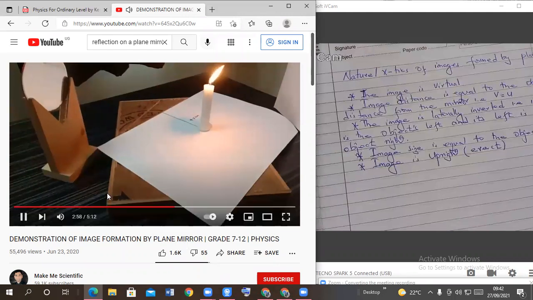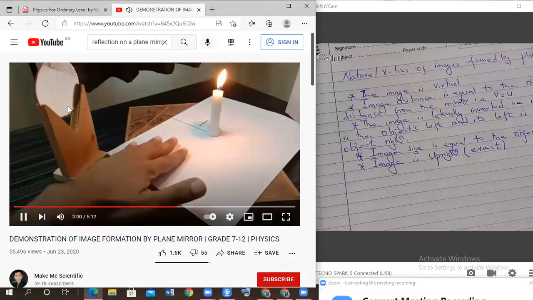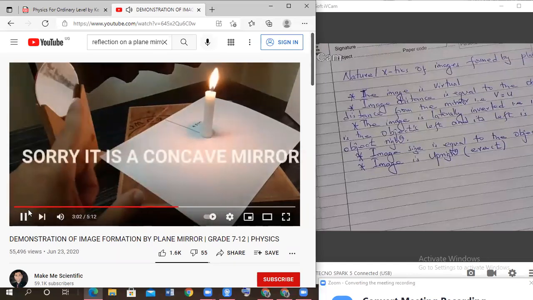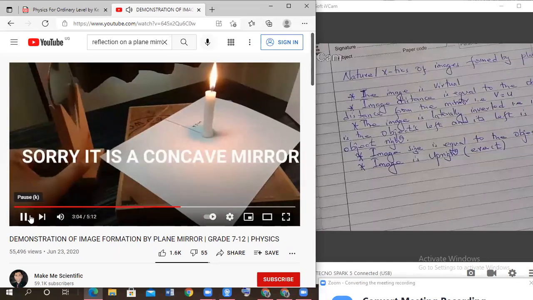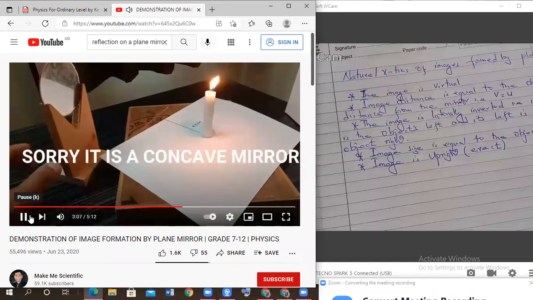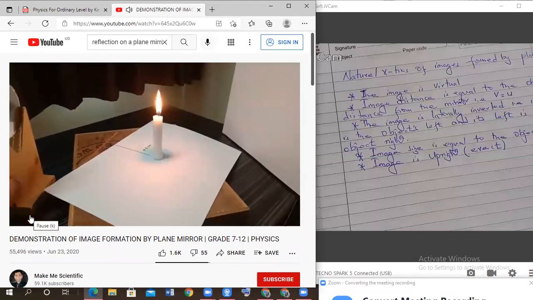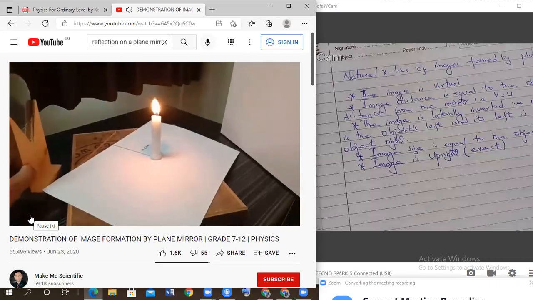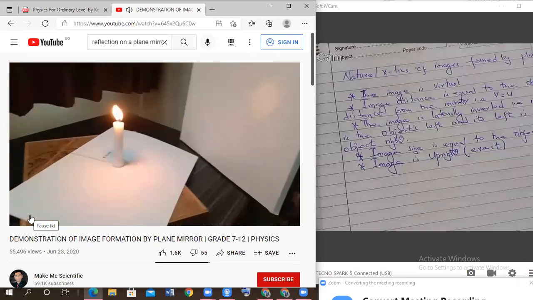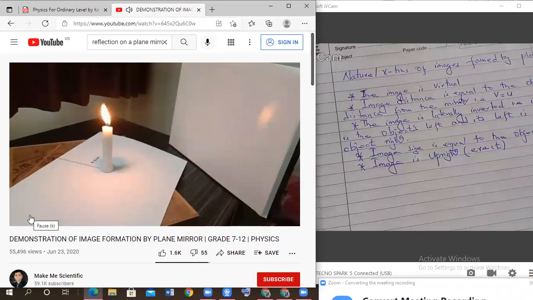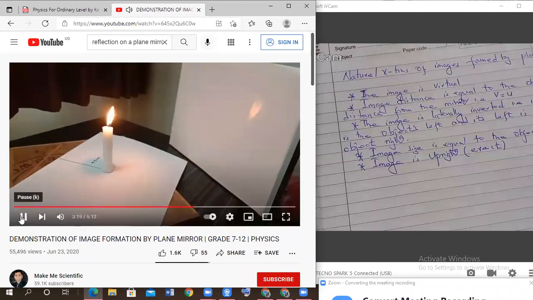Now we are placing plane mirrors with curved mirrors. Members, are you seeing that?